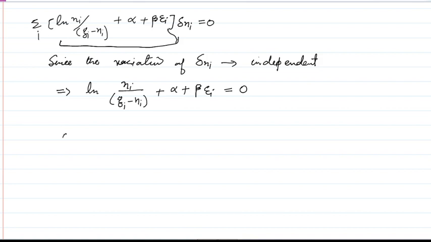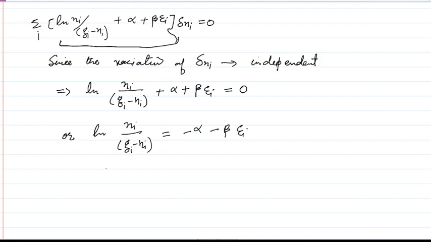Or we can write this relation as ln of Ni upon Gi minus Ni will be equal to minus alpha minus beta Ei.